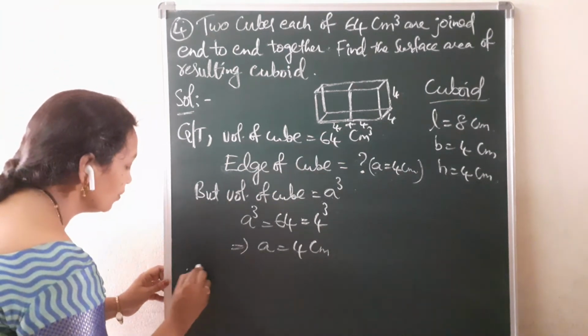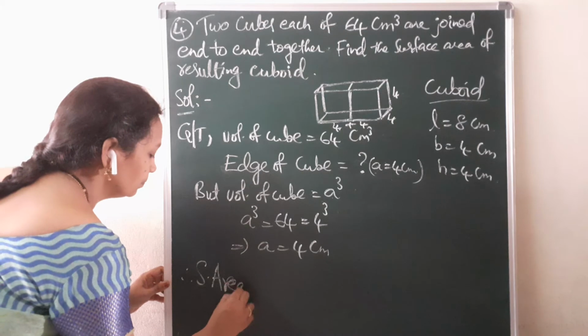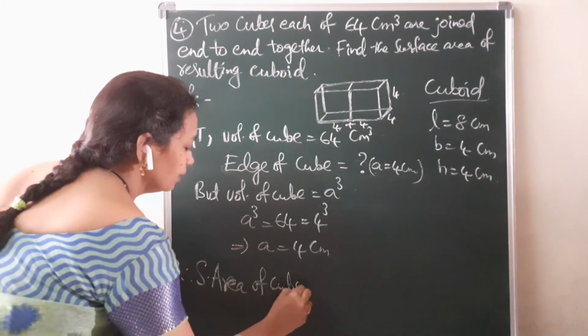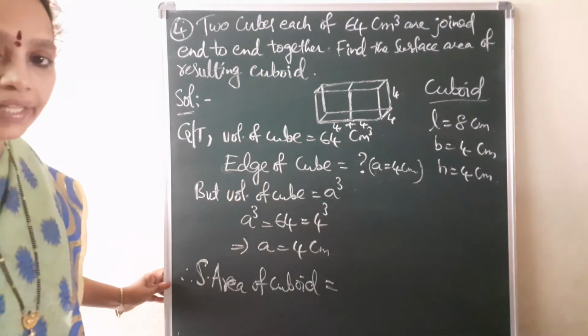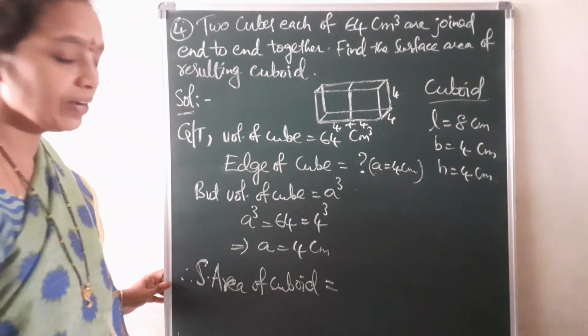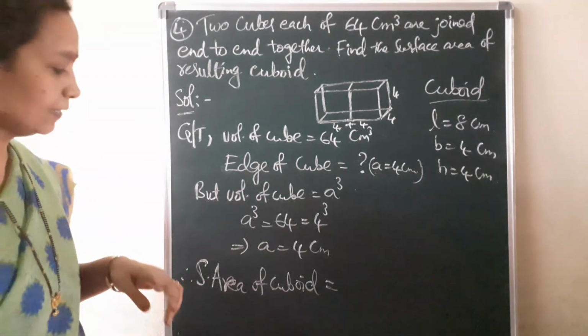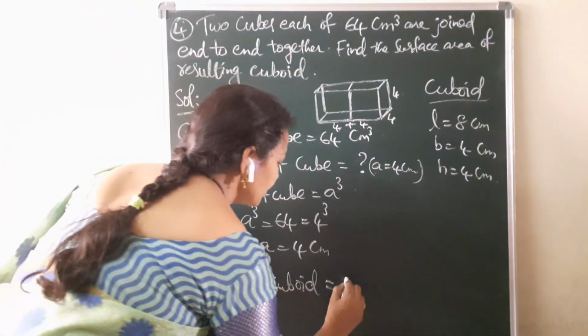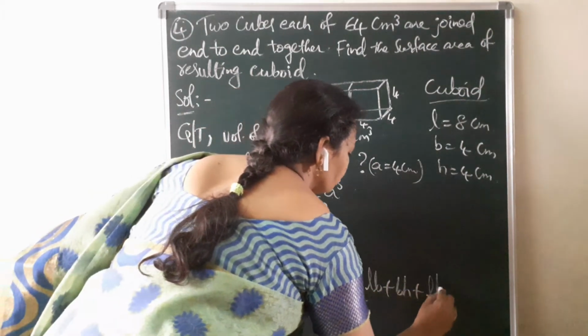Therefore, we have to find out the surface area of the cuboid. For individual figures, to find the surface area you take the total surface area. For combined figures, if you want the total surface area, the CSA of individual figures will be considered. So total surface area of the cuboid is equal to 2 of LB plus BH plus LH.